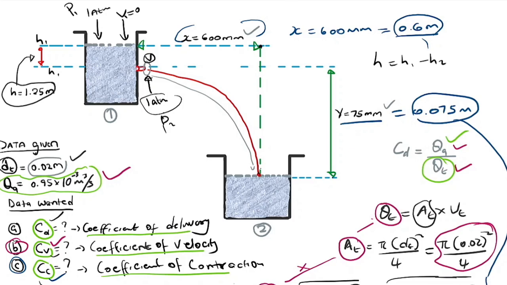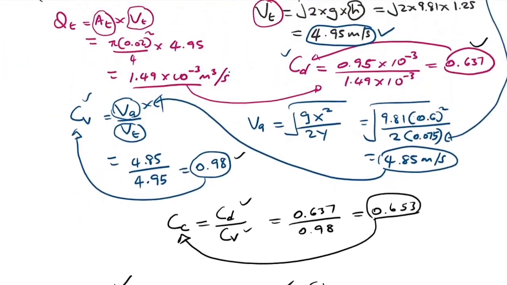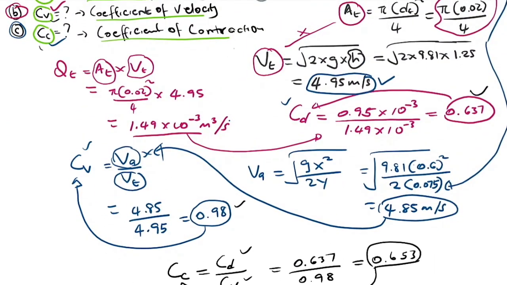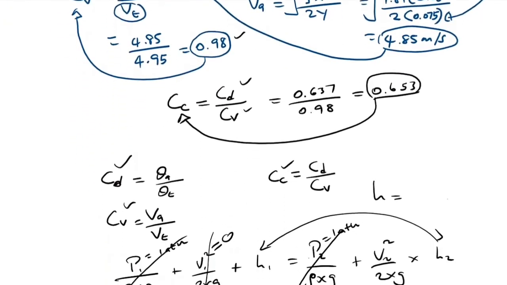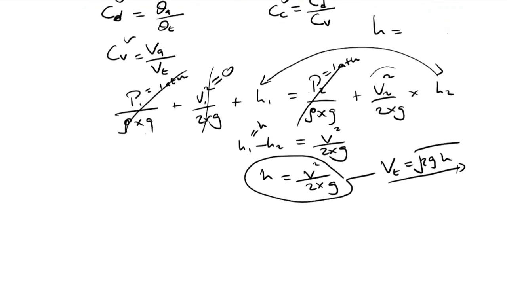Here the velocity 2 is not equal to 0. That is the theoretical velocity that we are looking for. That's why here it didn't cancel to be 0, like the velocity 1 that is on top of the height level of the liquid in tank number 1.